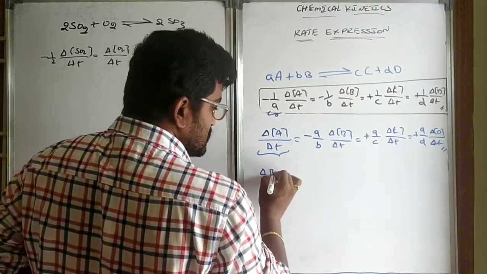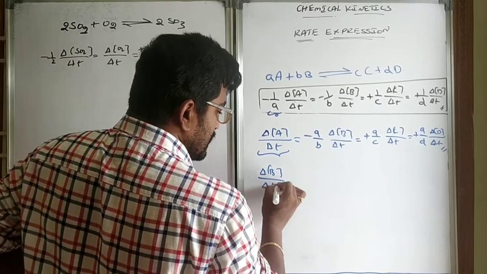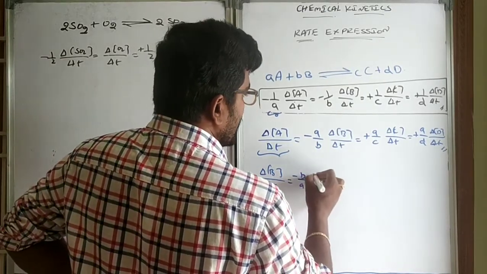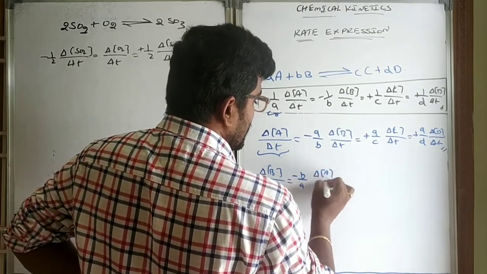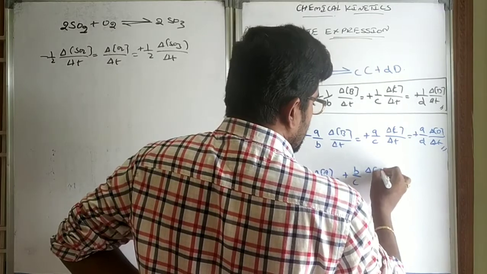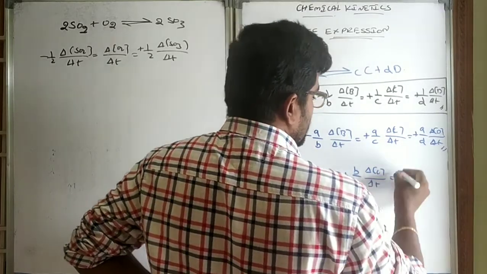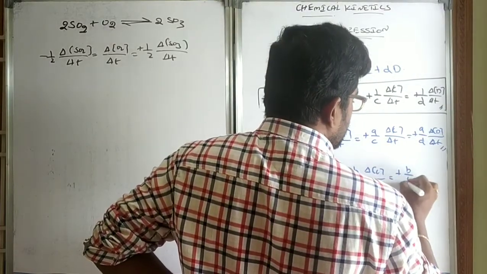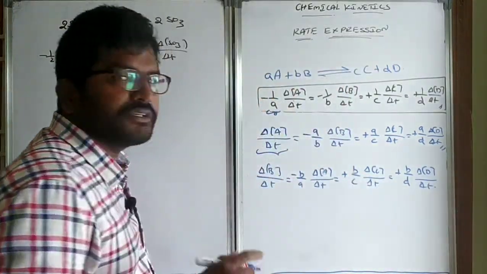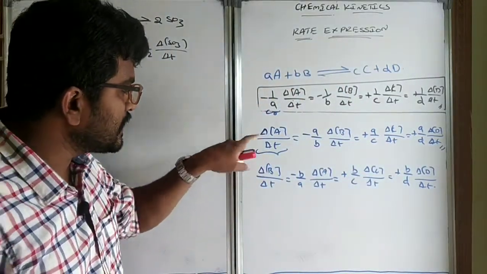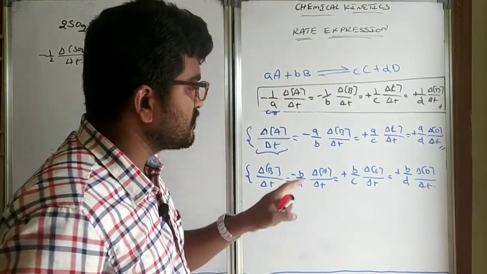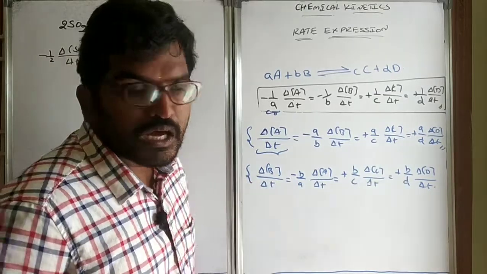Change in concentration of B means delta B by delta T equals minus B by A delta A by delta T plus B by C delta C by delta T plus B by D delta D by delta T. Like this you can represent the change in concentration of A or of B with respect to the other components.